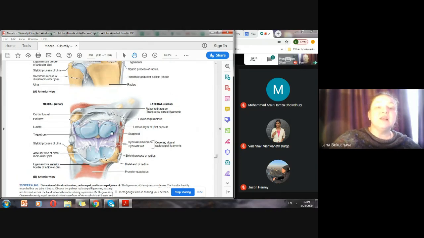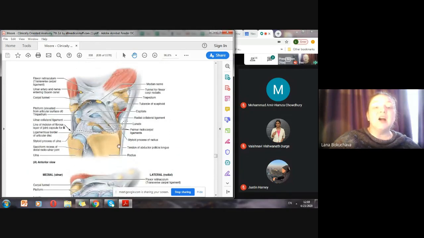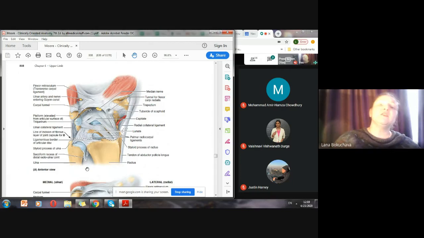As a result, these ligaments are simply called the radiocarpal ligaments. Here, this is the anterior view. Anterior view in the anatomical position means the palmar region, yes. So all of these ligaments, as you can see here, are the radiocarpal ligaments from the palmar surface, okay? So, from the anterior view itself.